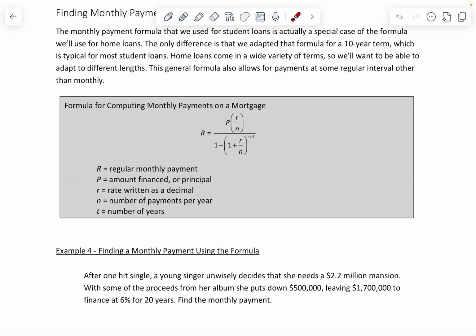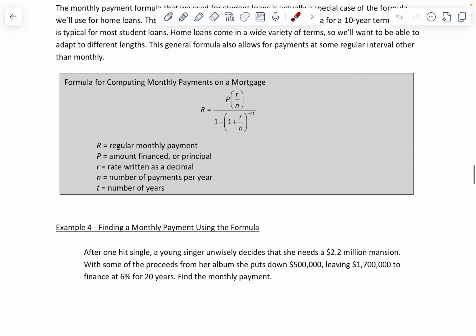After a one-hit single, a young singer unwisely decides that she needs a $2.2 million mansion. With some of the proceeds from her album, she puts down $500,000, leaving $1,700,000 to finance at 6% for 20 years. So we want to find the monthly payment.